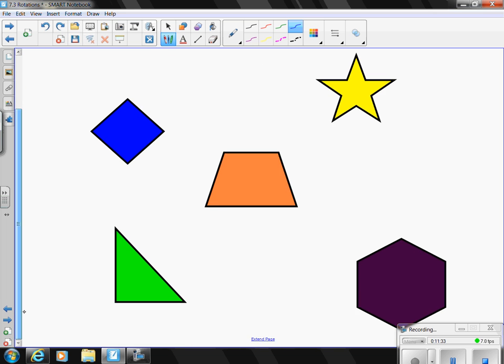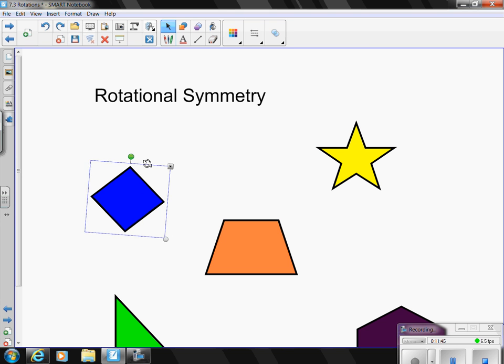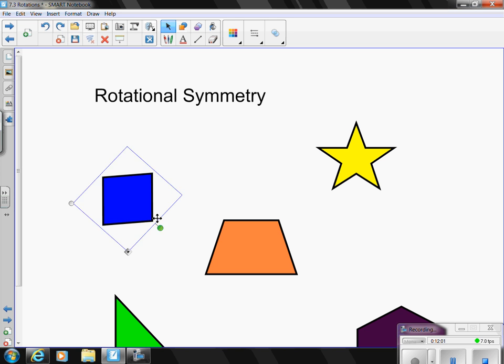Rotational symmetry, this is different than lines of symmetry, right? Rotational symmetry is when I can spin an object and have it land on itself. Looking at this, this looks like a square, and if I spin it 90 degrees, it's going to be back on itself. Another 90 is going to bring it back to itself one more time.